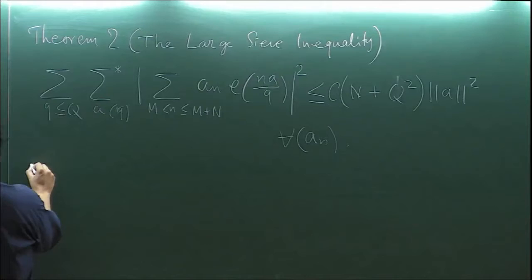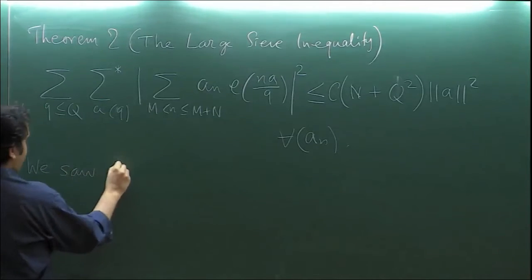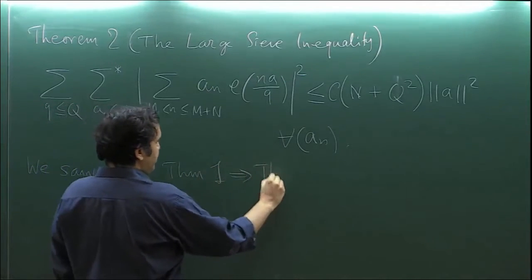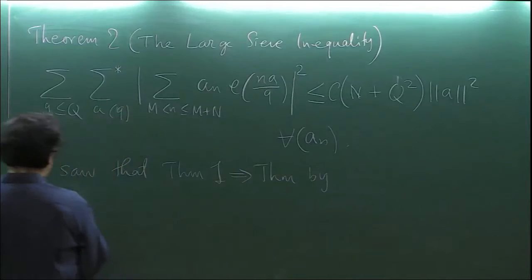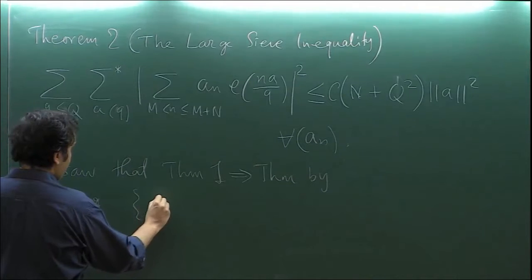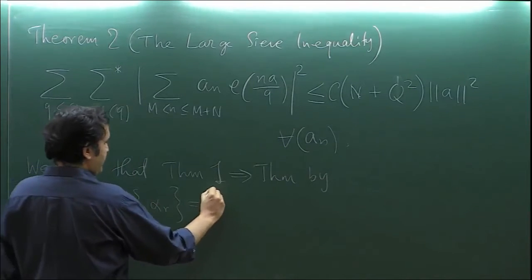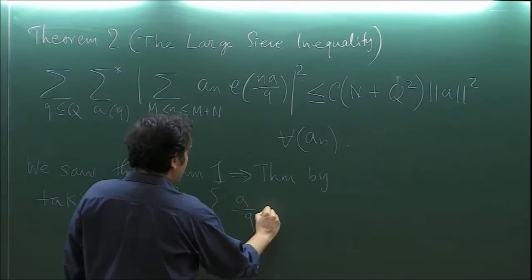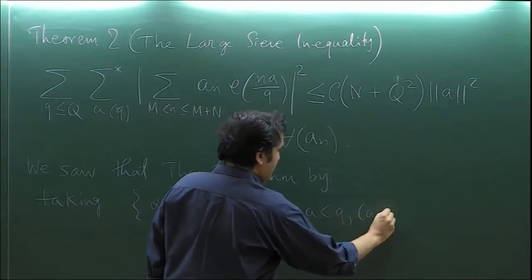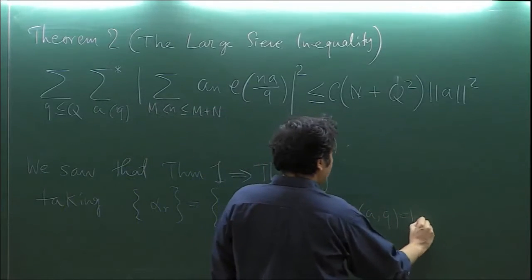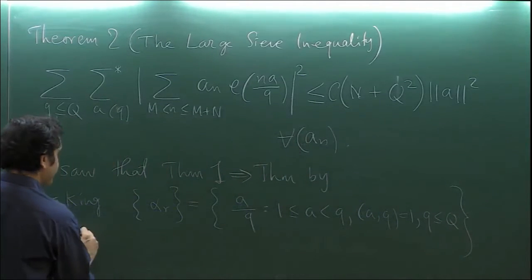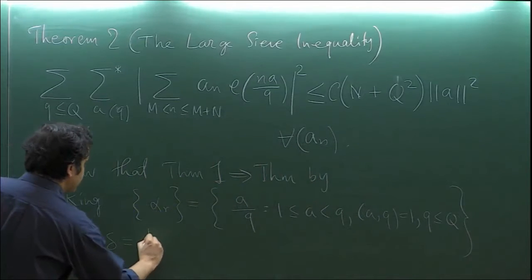And we also saw that theorem 1 implies theorem 2 by taking the set alpha r to be the set a by q, where a and q vary like this, with q up to capital Q. And in this case, you can check that delta I can take to be 1 by Q squared.